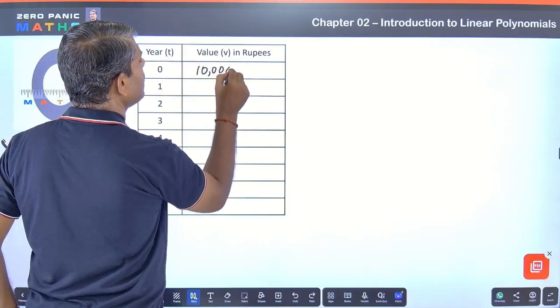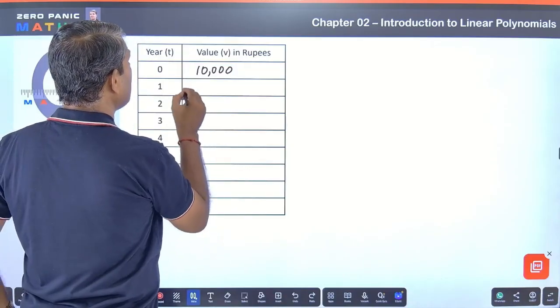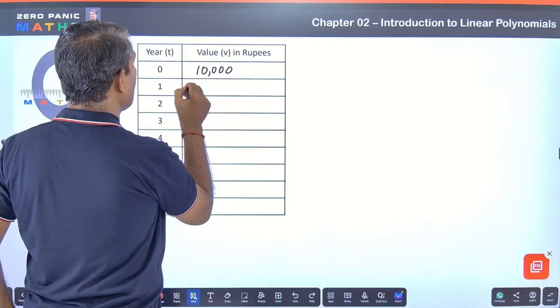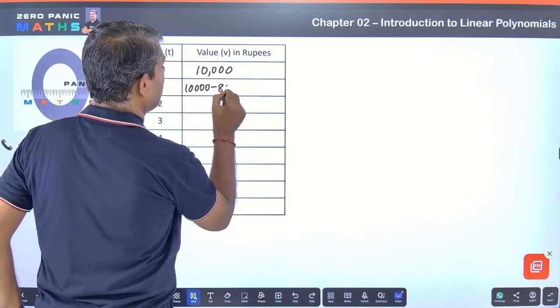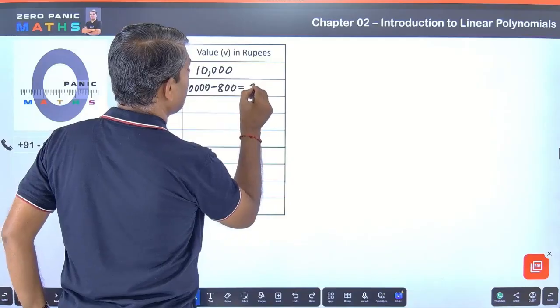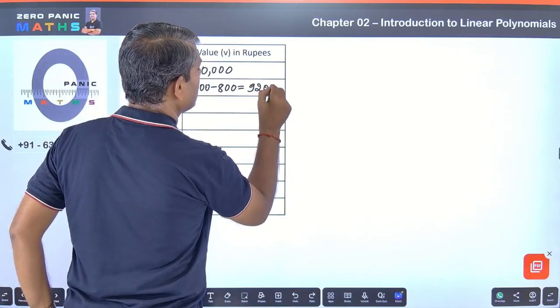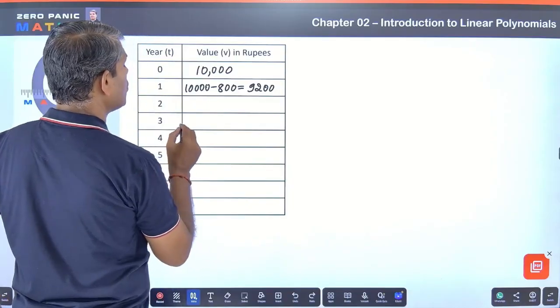The initial value is 10,000 because there was no decrease. After 1 year, it will be 10,000 minus 800, which is 9,200.